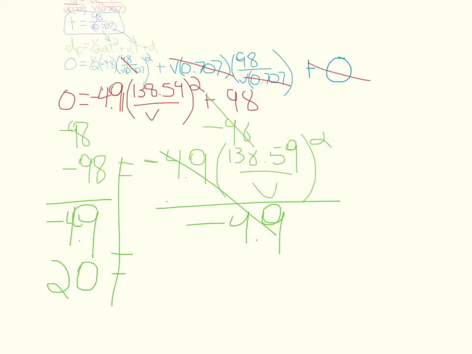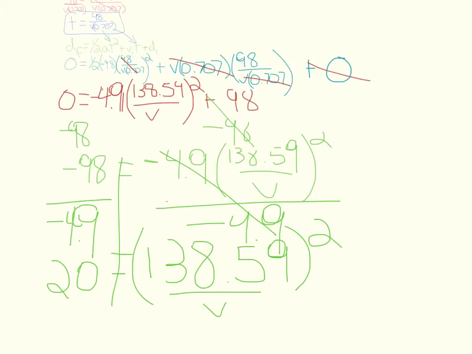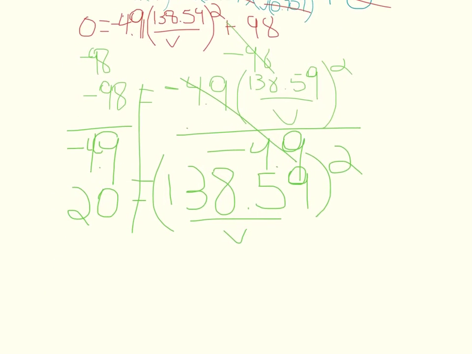So we have 20 equals the quantity 138.59 squared over v. This is really messy, I am sorry, but this pen is not working very well. Now we're going to continue solving this.